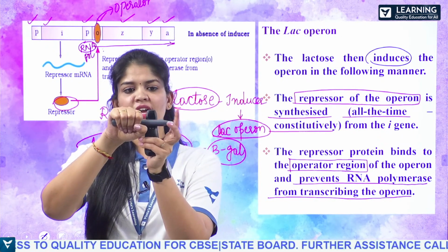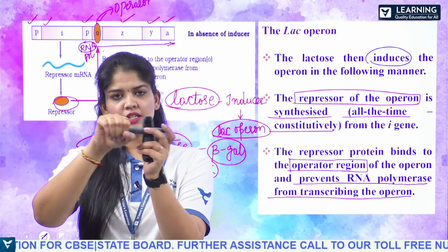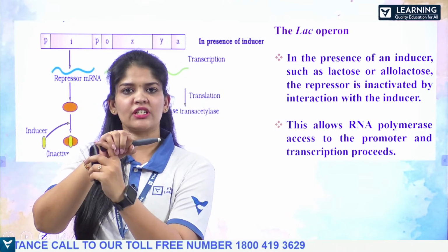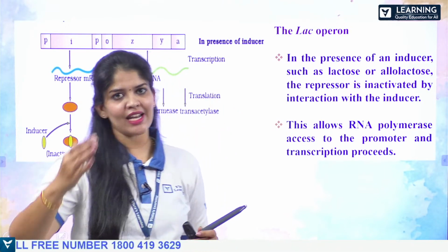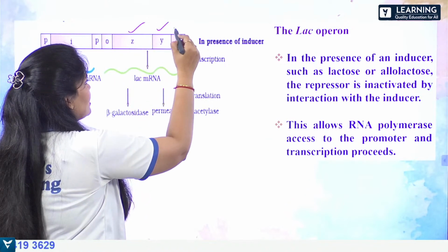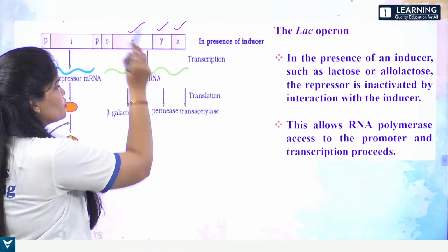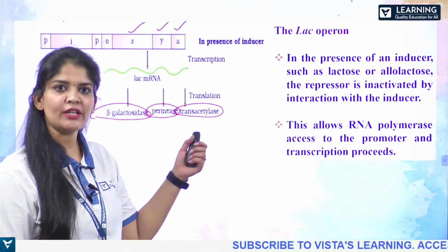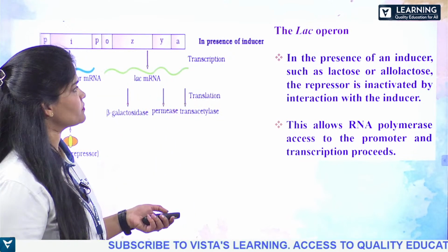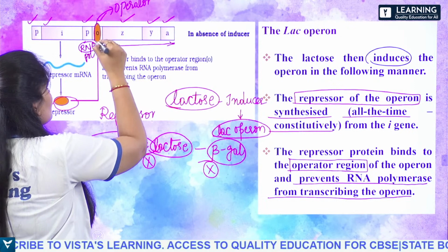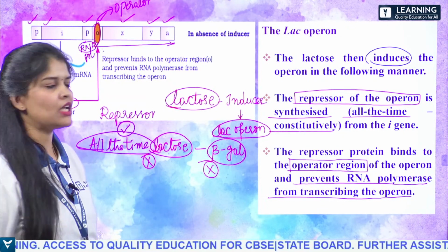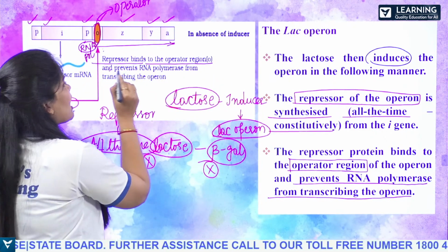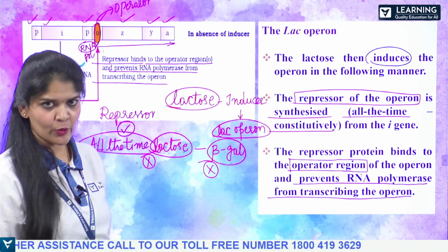The RNA polymerase finds this as an obstacle, and it is prevented from further transcription and further expression of the Z, Y, A genes of the lac operon, which produce beta galactosidase, permease and transacetylase. This will not happen because it has been obstructed here. So the repressor binds to the operator region and prevents the RNA polymerase from transcribing the operon.